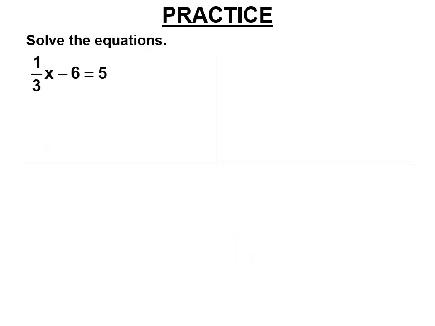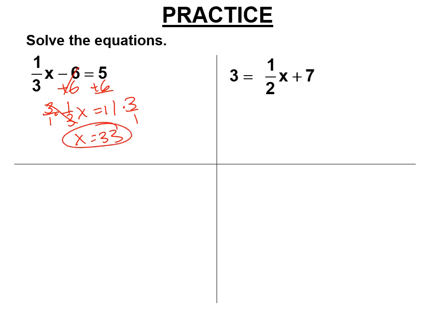All right, let's practice. Add 6 to both sides. 1/3 x equals 11. Multiply both sides by 3, and x equals 33. Subtract 7 from both sides. 3 minus 7 is negative 4, and negative 4 equals negative 1/2 x.